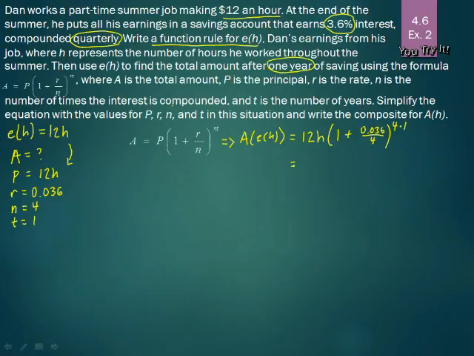Simplifying this, 1 plus 36 thousandths divided by 4 just equals 1 and 9 thousandths, and then raised to the 4 times 1, that's just 4.